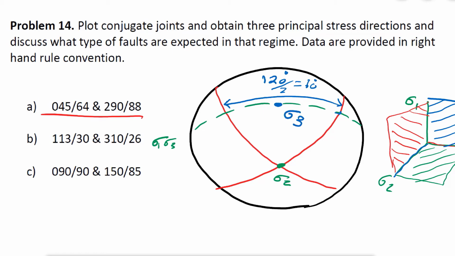Then we know sigma 1 is along this great circle or dashed line. You can count 90 degrees along this line. It doesn't matter in which direction you count, because you end up at the same location. Somewhere here I'm going to end up at sigma 1.